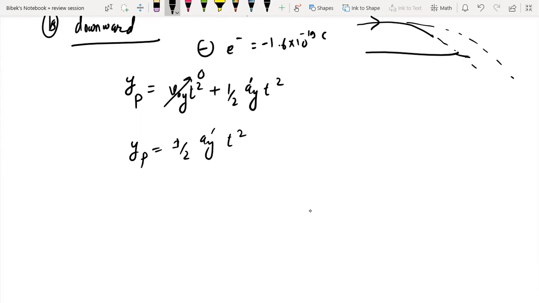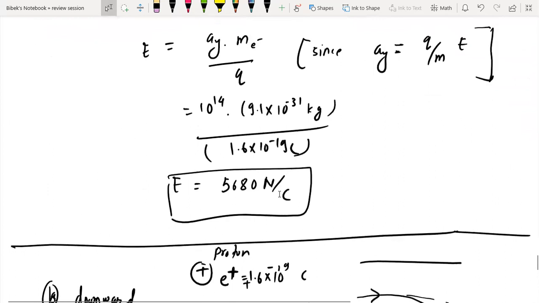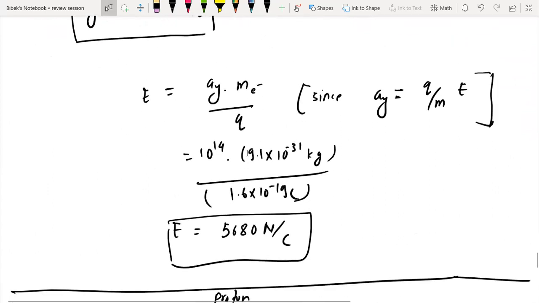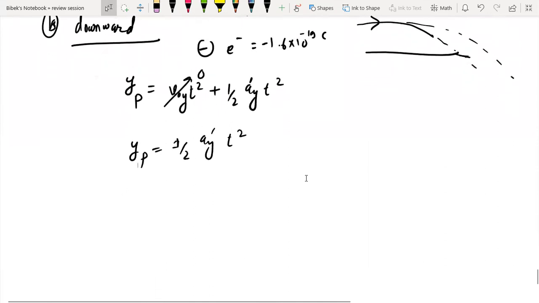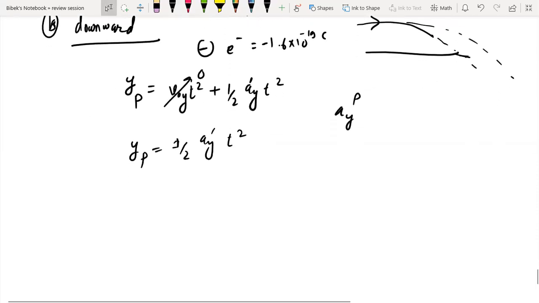So how do we find Y_P? If you find the electric field for the proton, we can find the acceleration for the proton. AY for the proton is going to be Q proton divided by mass proton times the electric field. The electric field is the same whether it's a proton or an electron because we're not changing that.